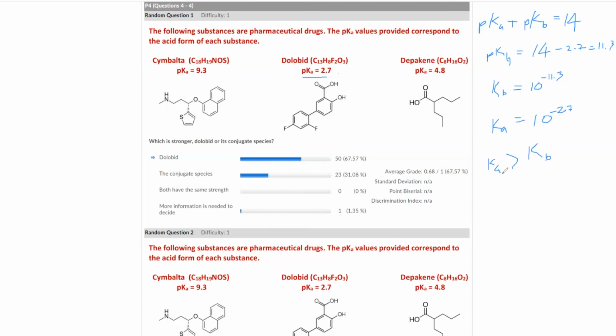This means the acid form, which has a larger Ka value, is going to be stronger than the base form. The acid form is Dolomite itself. The acid form is stronger than its conjugate base because the conjugate base has a smaller Kb value.